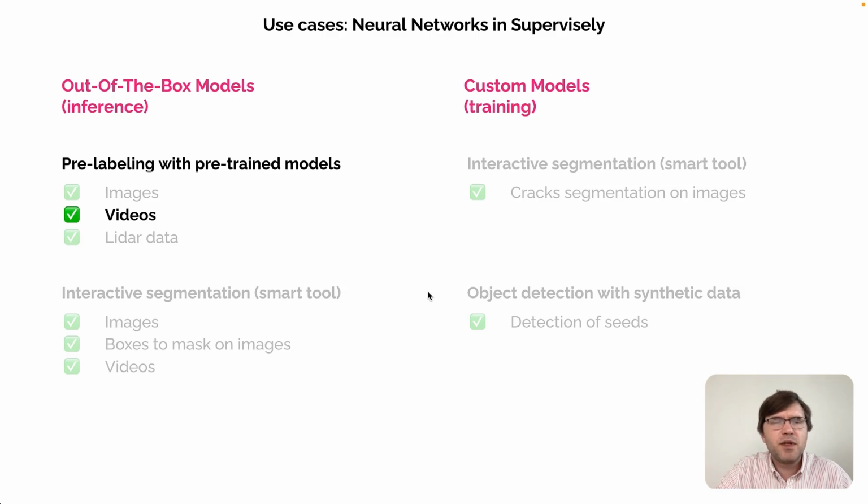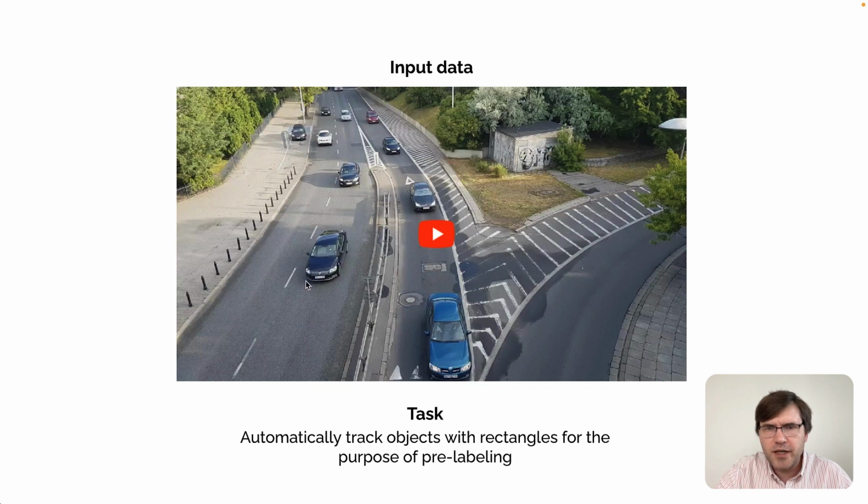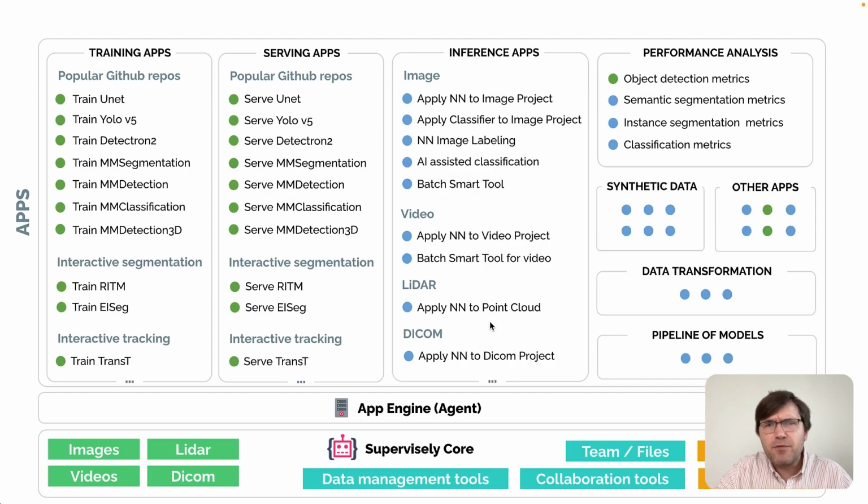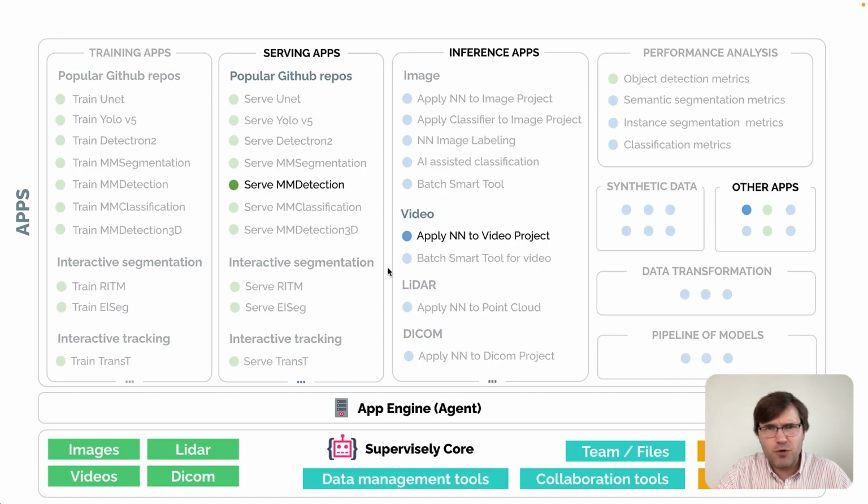The next example is very similar but for videos. The task here is to automatically track objects with rectangles for the purpose of pre-labeling. And again, let's start with the data. For this case we will also need two apps, and you will see that the pattern is very similar.